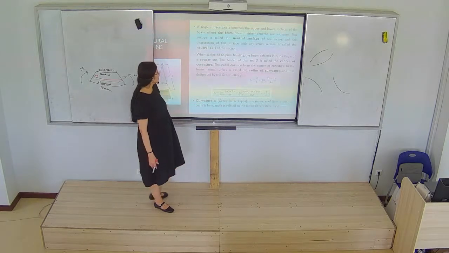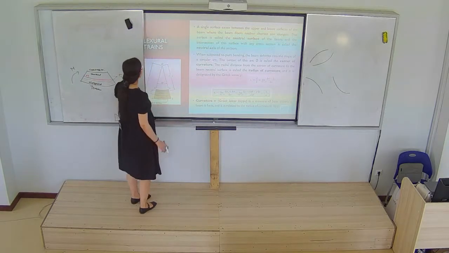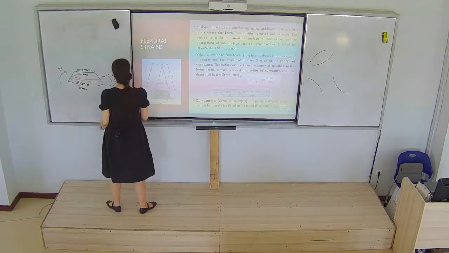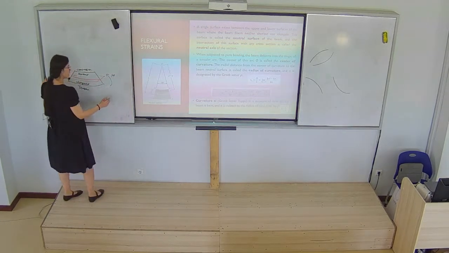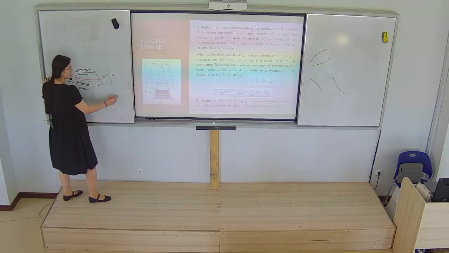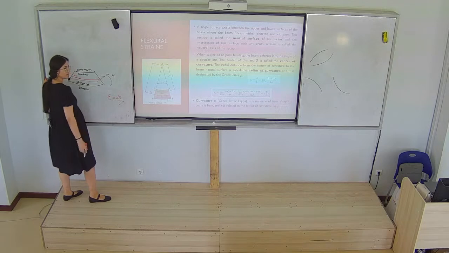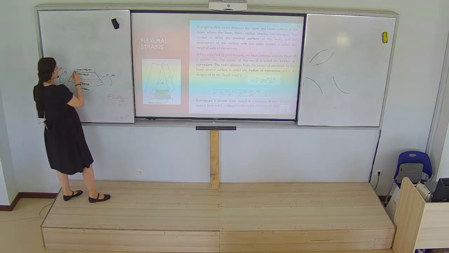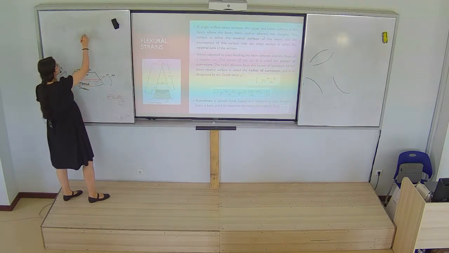That's it. So, what about the flexural strain? What does it mean, flexural strain? You already remember what the normal strain was? It was equal to delta L divided by L. Yes? I will continue this part here.